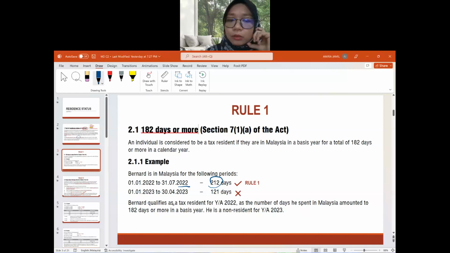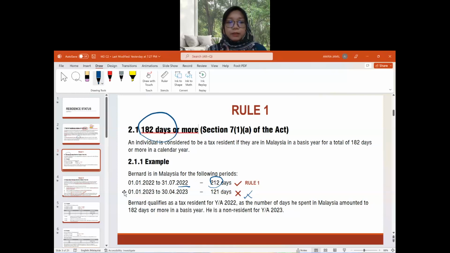In the year of assessment 2023, he is in Malaysia for only 121 days, less than 182 days, so he is a non-tax resident. It's simple. The first rule is 182 days or more.